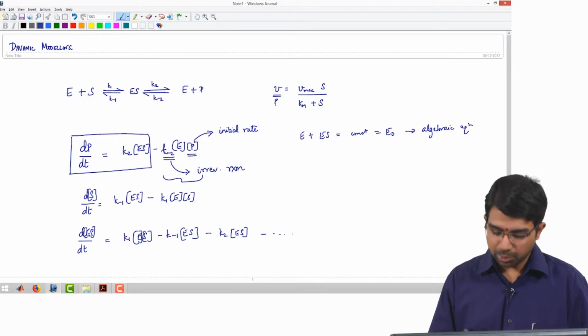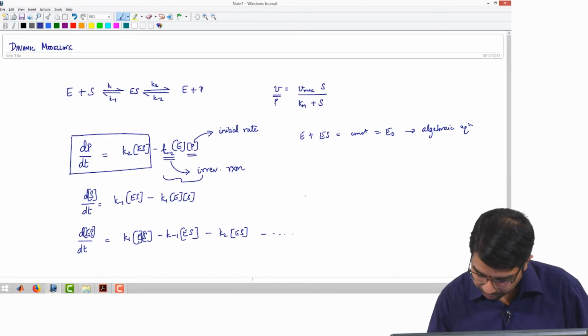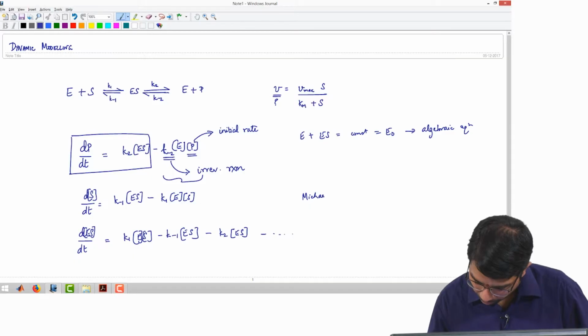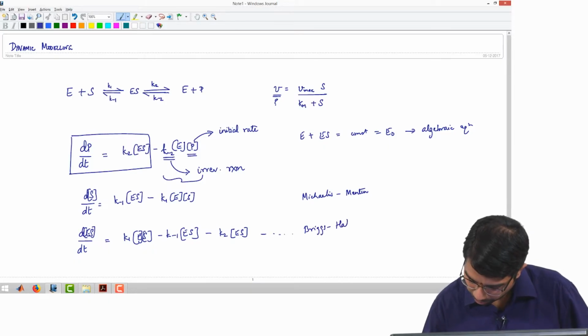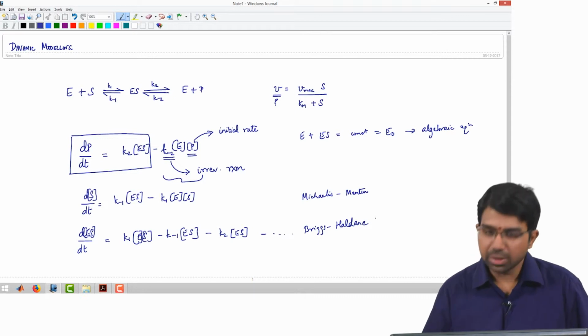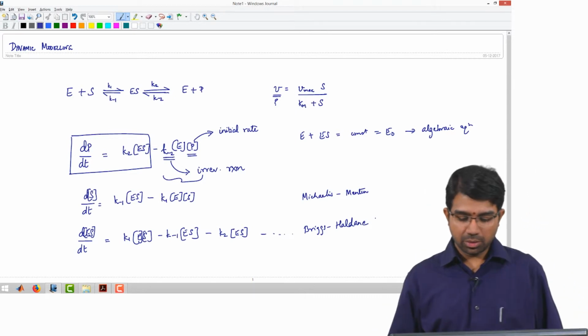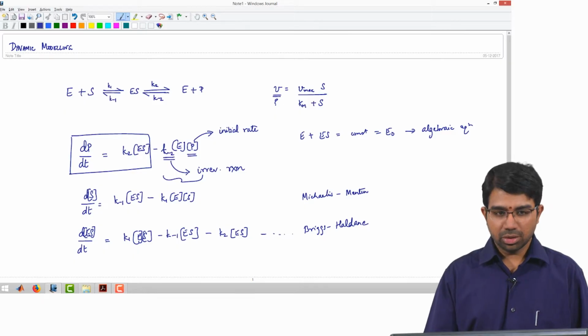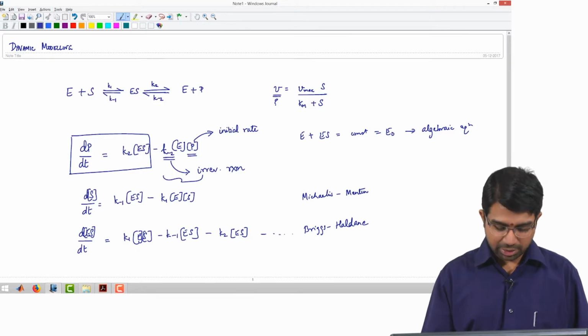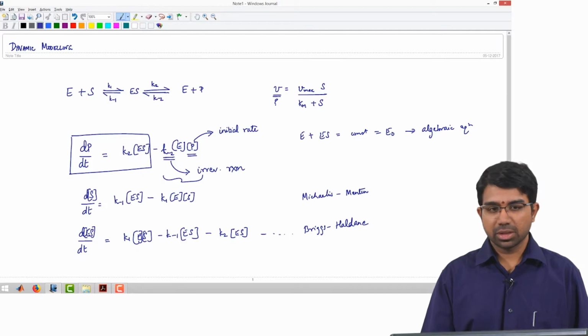There are two popular assumptions. One is the classic Michaelis Menten assumption, the other is the Briggs-Haldane assumption. What is the Briggs-Haldane assumption? dES by dt is 0, quasi steady state. Michaelis Menten assumption is basically dS by dt is 0.